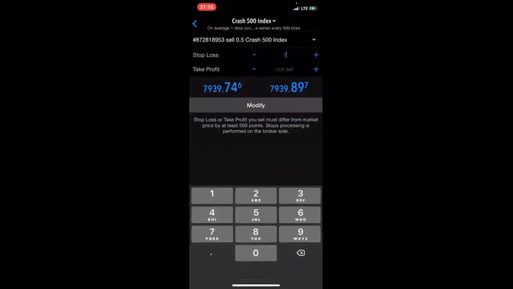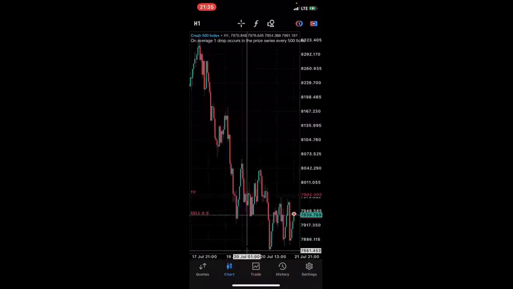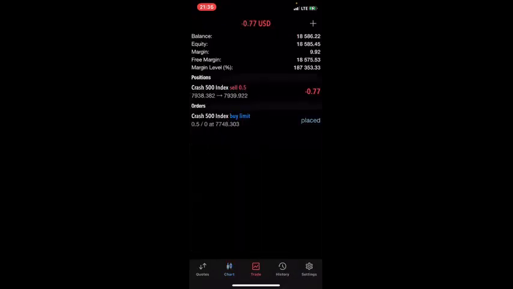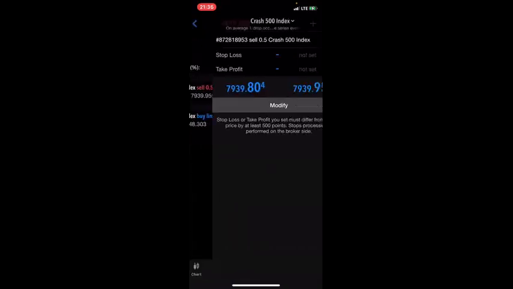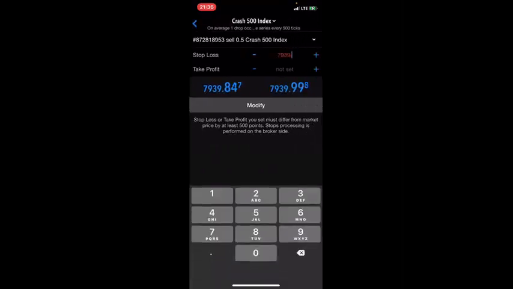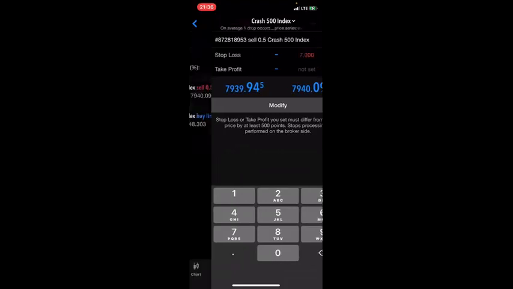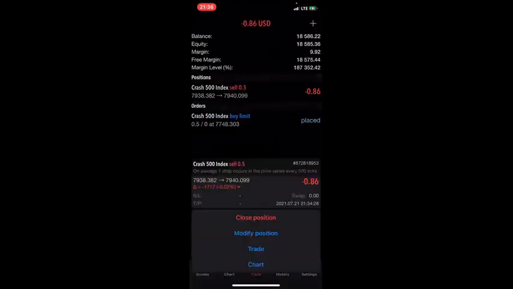I wanted to see something first. 7861. The modified position.